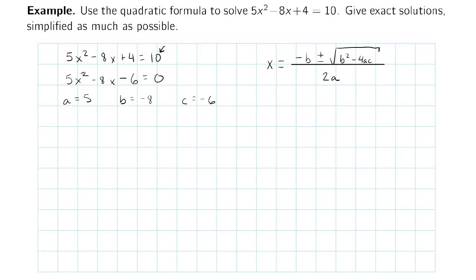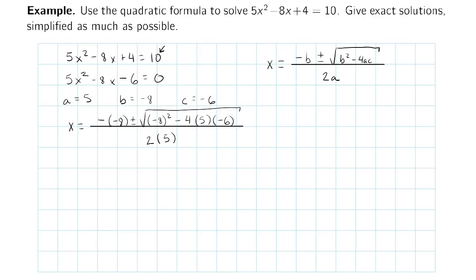So when we plug in, we get x equals the opposite of negative 8 plus or minus the square root of negative 8 squared minus 4 times 5 times negative 6, all over 2 times 5.